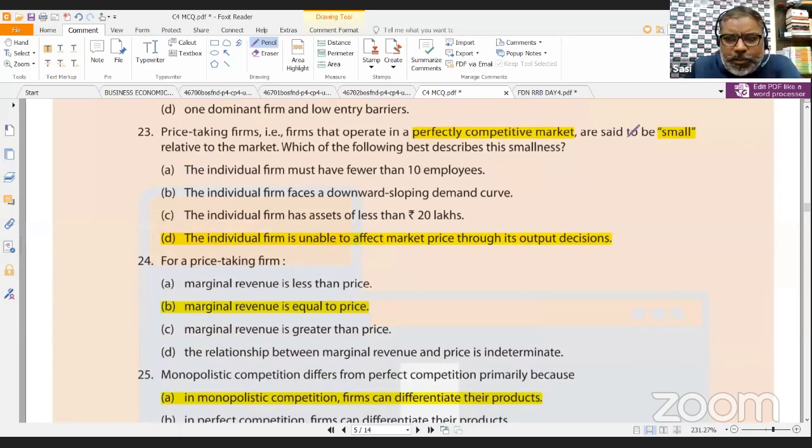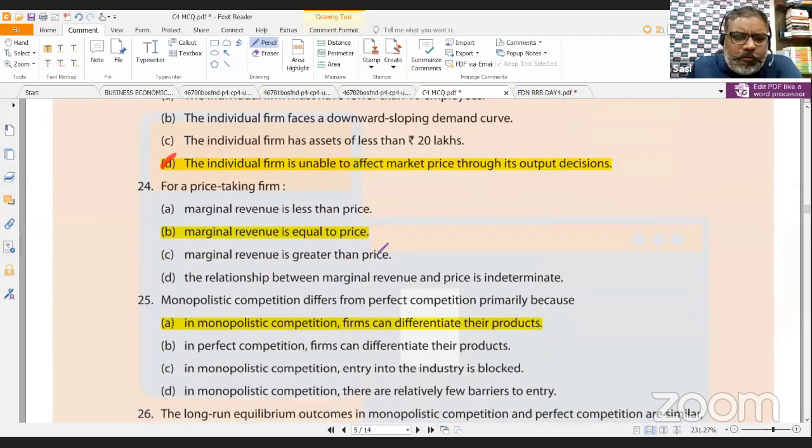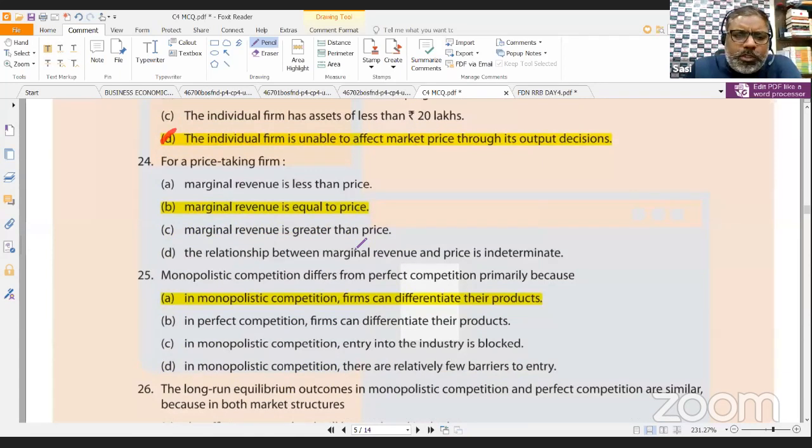Price-taking means perfectly competitive firms are said to be small relative to the market. Are they not? Yes. Because the firms are very small, a large number of firms will be there, and the market is bigger than the individual players. Why is that? Since an individual firm is unable to affect the market price through its output decisions. That is why they are price takers, not price makers. That is a perfectly competitive firm.